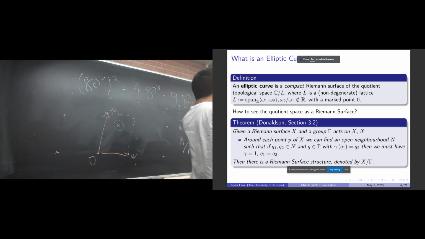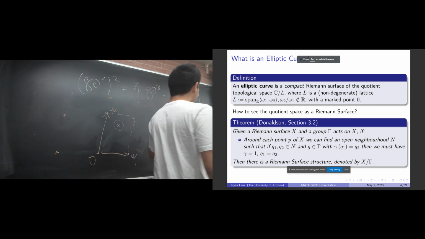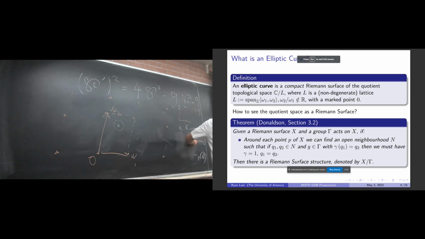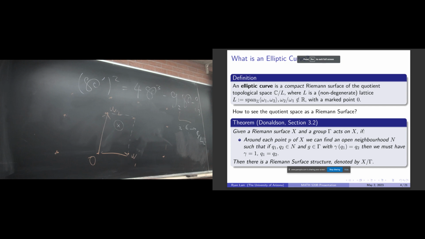Here we are applying this to gamma being the lattice. You just need it to act freely on the Riemann surface X. This condition is a little bit more than freeness: it is properly discontinuous, because you need it in a neighborhood.